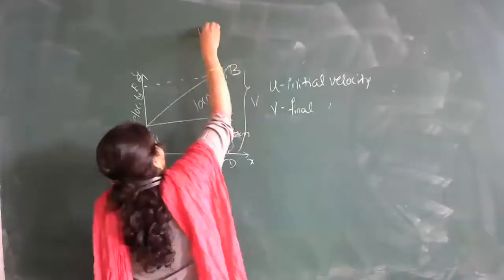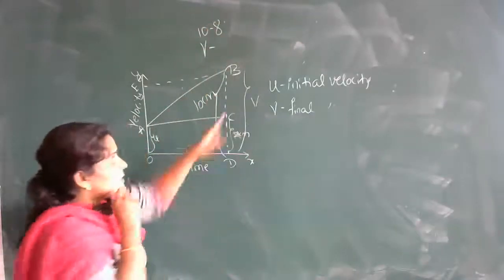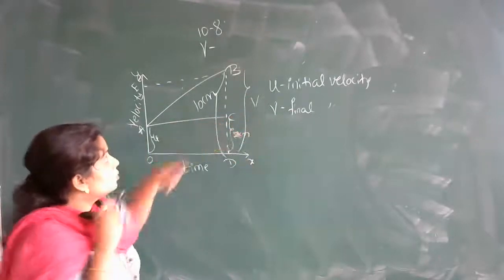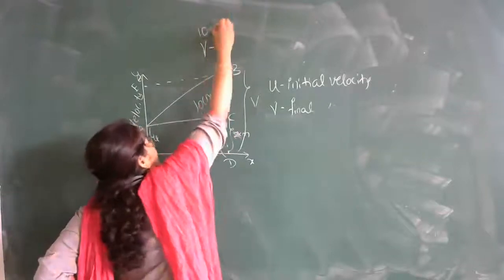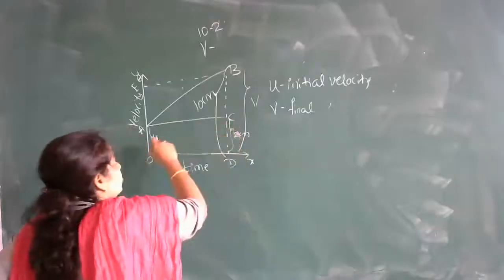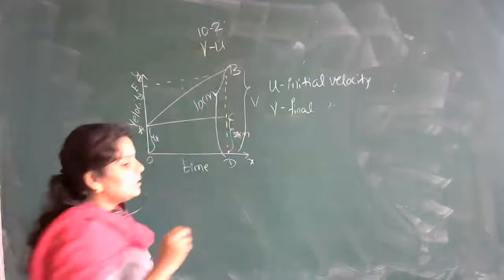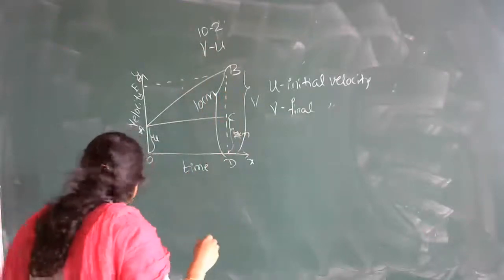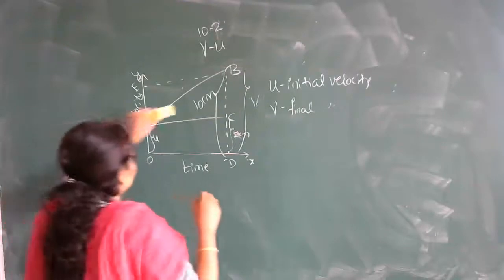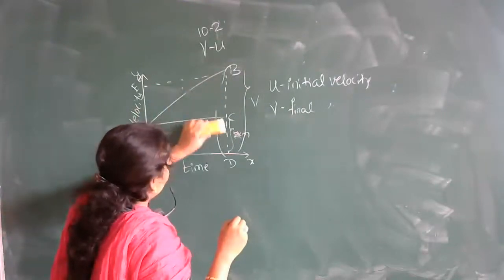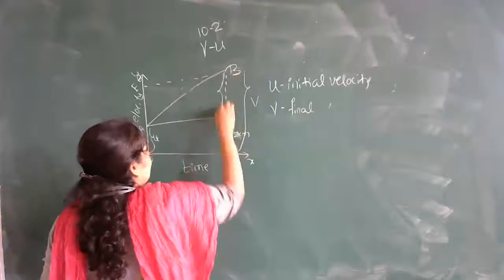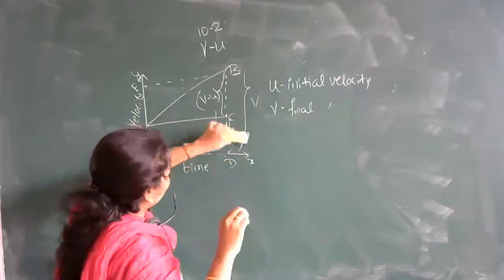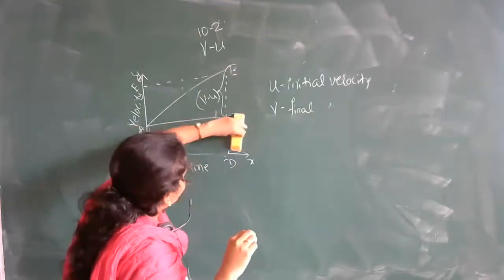That is 10 minus 8. 10 is nothing but V. What is your 2? 2 is nothing but initial velocity U. Therefore, I'll write this BC value as V minus U.